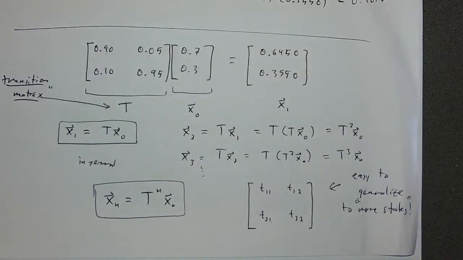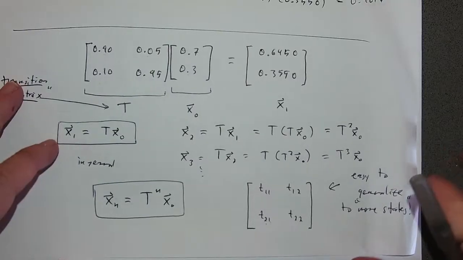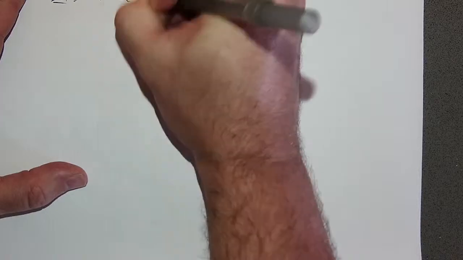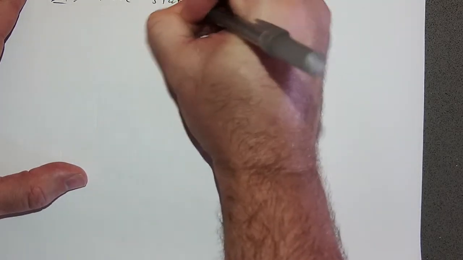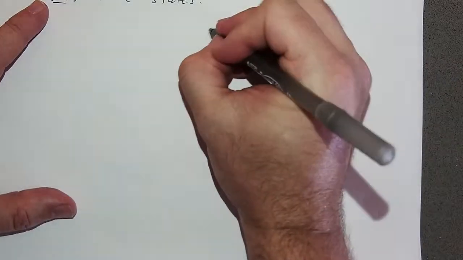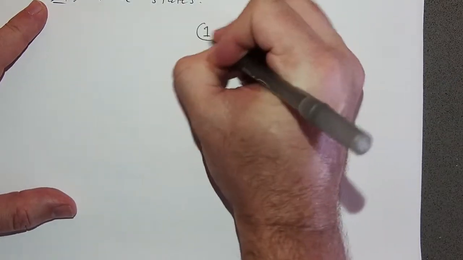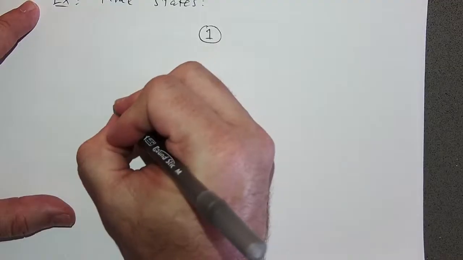Let's now say that we have 3 states, and I'm going to draw a diagram that indicates how the flow of people is behaving.